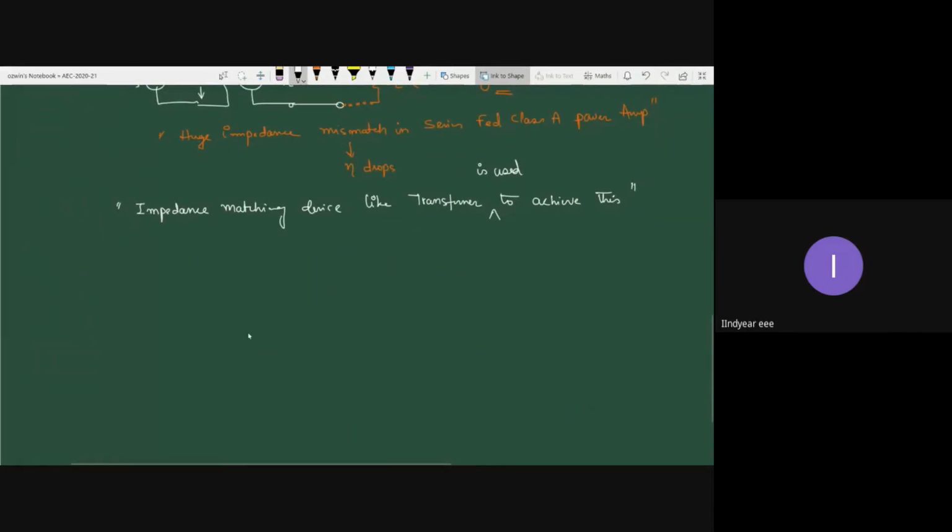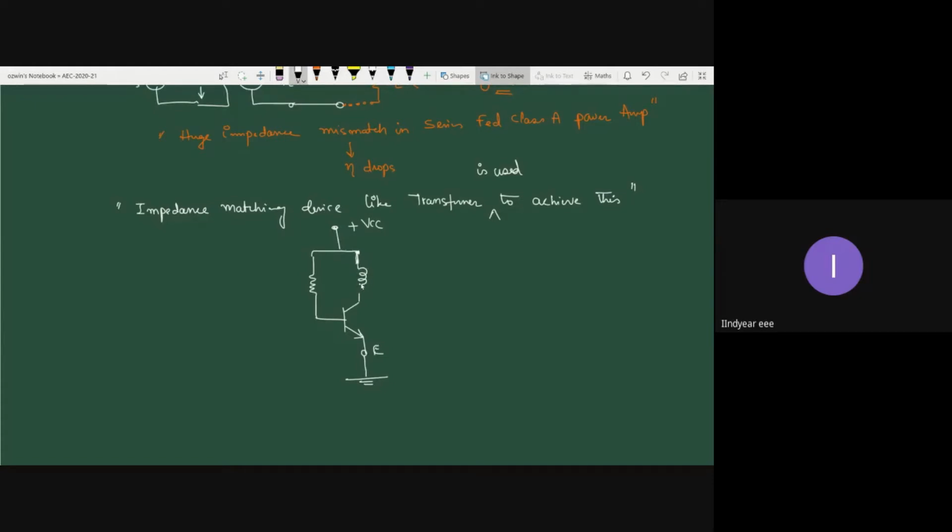So let me first draw the circuit diagram and then let us get into the analysis part. So this is your base resistor, and the emitter is held at ground. Now, in the case of a transformer coupled class A power amplifier, you will not find a load resistor on the collector terminal.